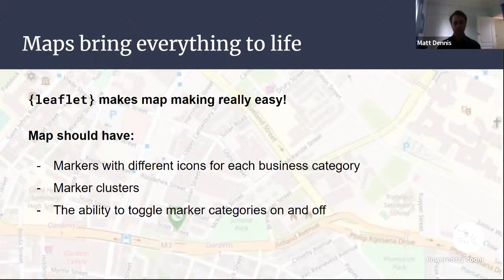And when we zoomed out on the map, we wanted those markers to cluster into groups just to avoid the map from becoming too overcluttered. And then we wanted to be able to turn marker categories on and off when the users selected the checkboxes in the map panel.